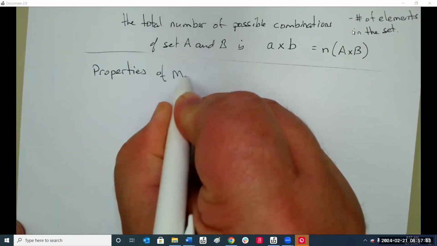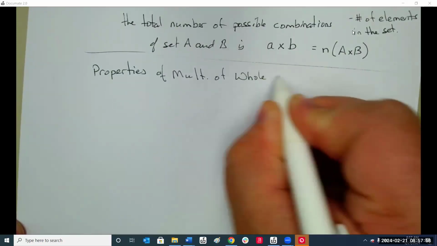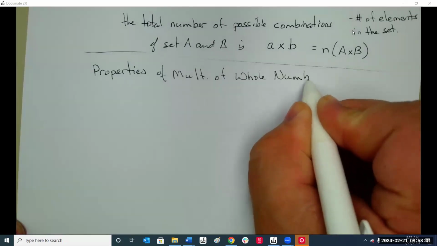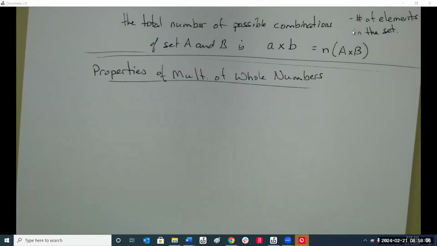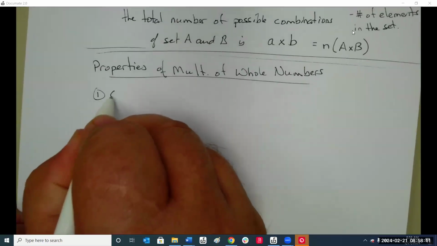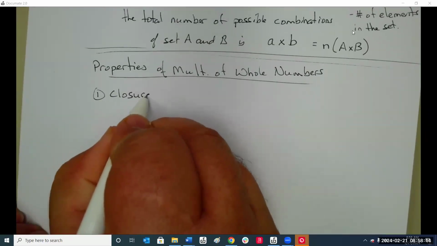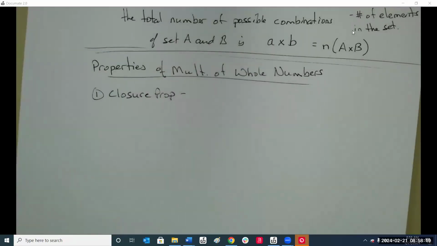Properties of multiplication of whole numbers. What's the closure property? What does closure refer to? Remember from addition and subtraction? What does closure represent?